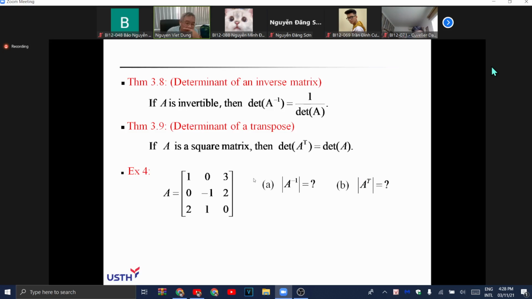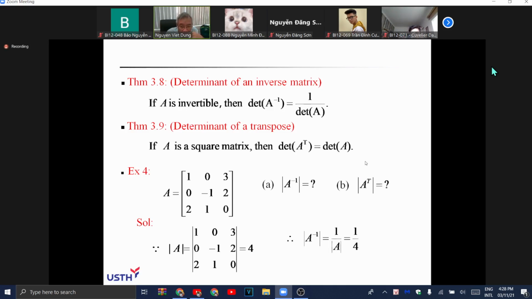And here is another example, A to be like that, and you need to compute the determinant of A inverse and of A transpose. First of all, the determinant of A equals 4. Then the determinant of A inverse will be 1 over the determinant of A, which means it is 1 over 4.